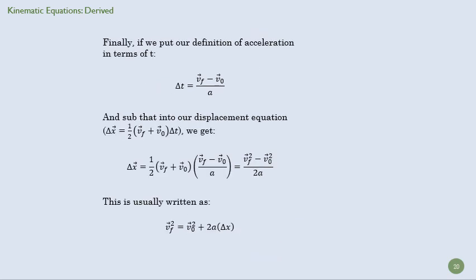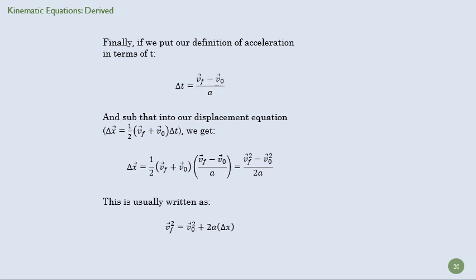And then finally, we're going to put our definition of acceleration in terms of delta t. So what we did here was, we had A equals total change in velocity over total change in time. We moved total change in time over here and then divided both sides by acceleration.